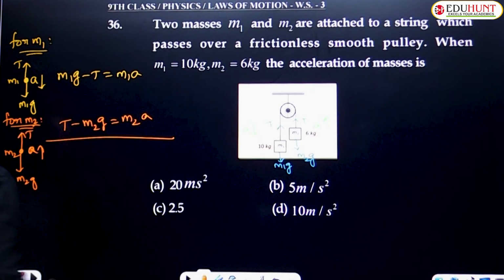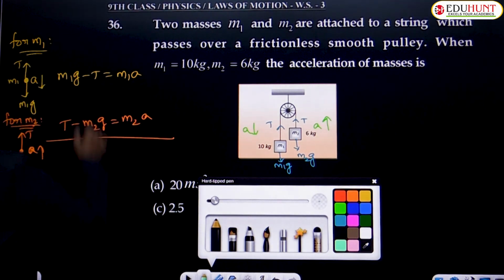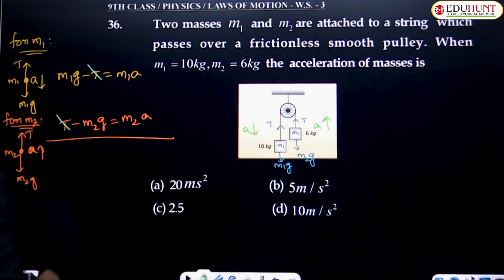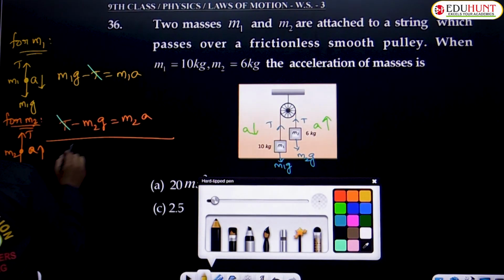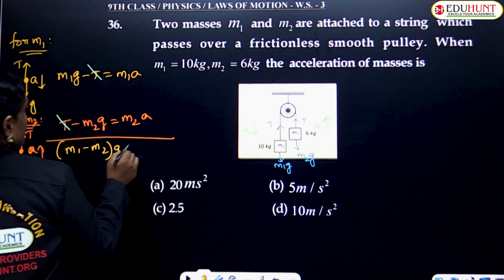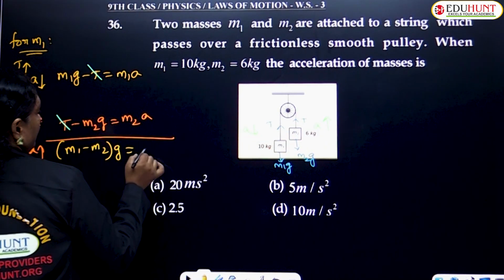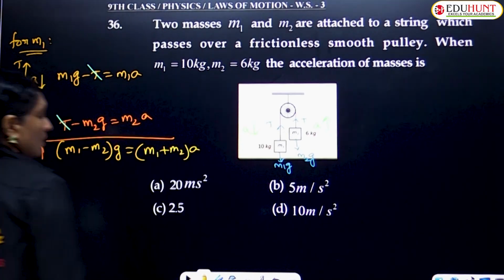Let us solve the two equations. When you solve the two equations, it was observed that minus T and plus T get cancelled. Hence, what are you left with, children? M1 minus M2 into g equals M1a plus M2a, that is M1 plus M2 into a.